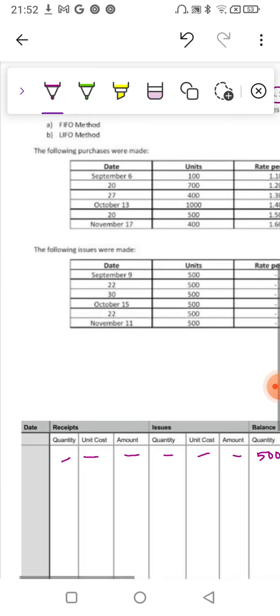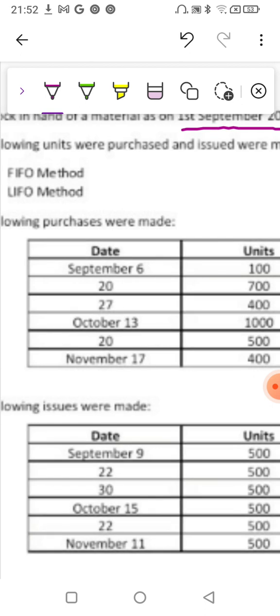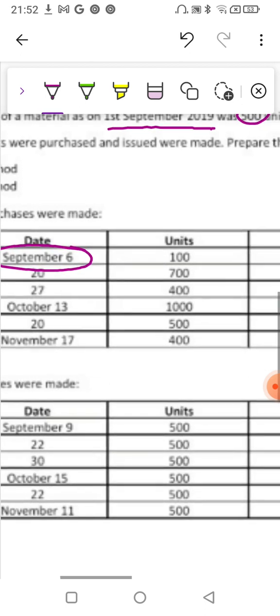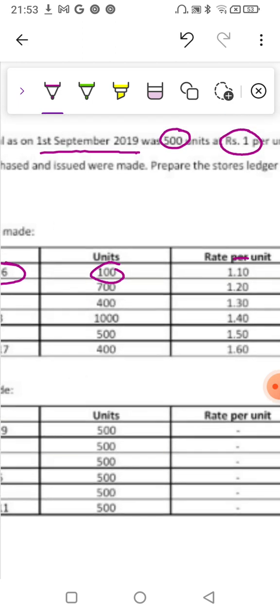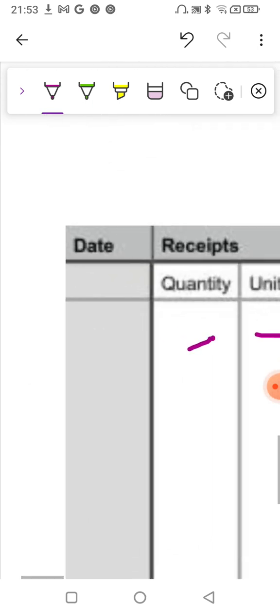After this, we move to the next one, that is September 6th. This was a purchase of 100 units at 1.10. So I'm going to write the date, September 6th.